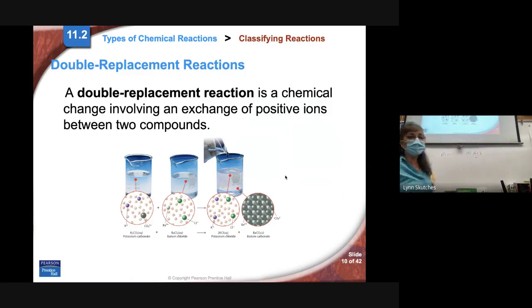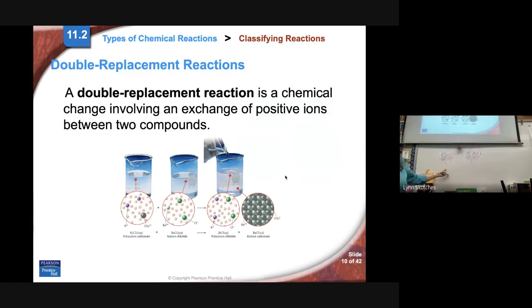So non-metals make anions, metals make cations. So if they're in solution, these compounds come apart and dissociate. And then there's just plus and minus pieces.